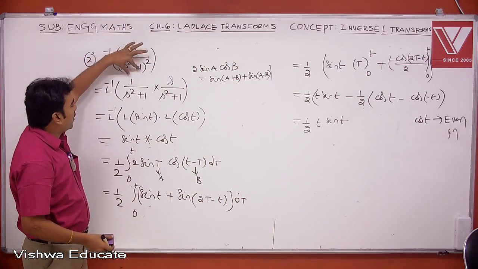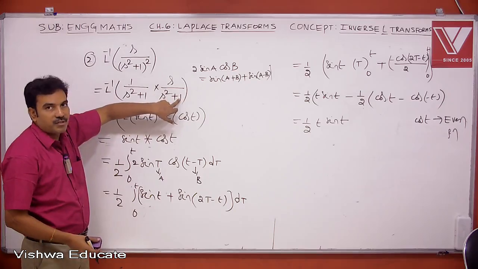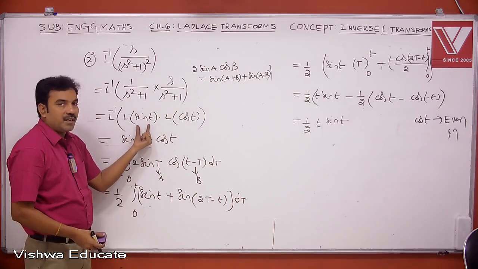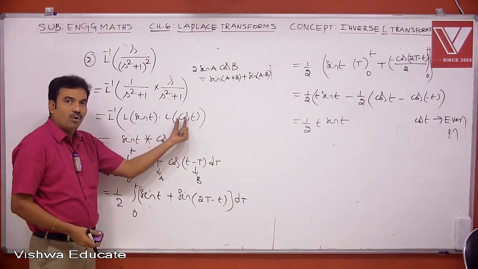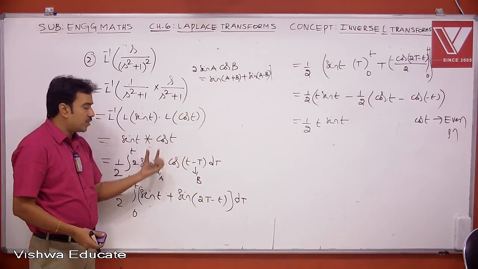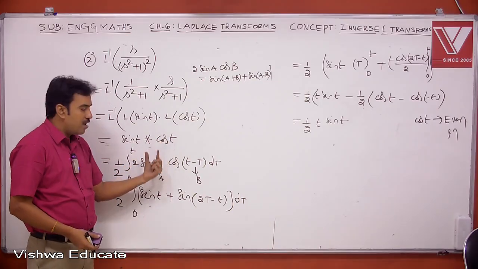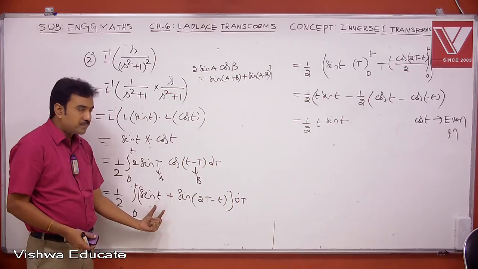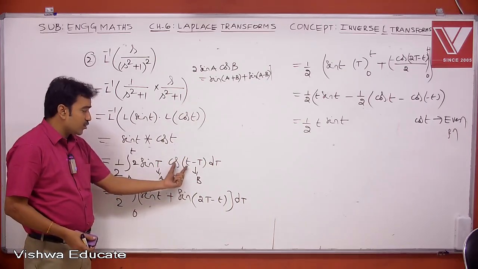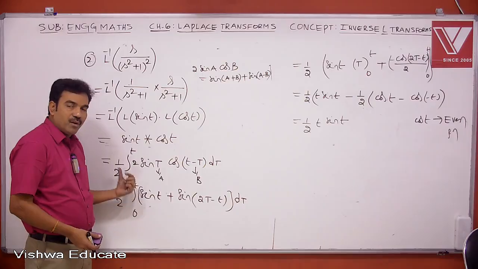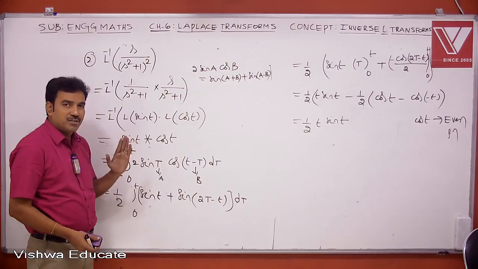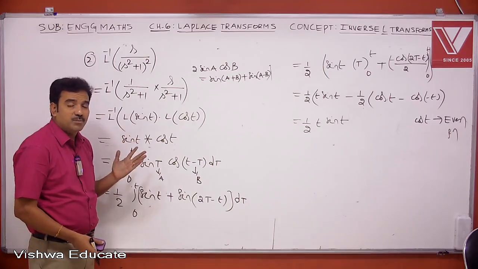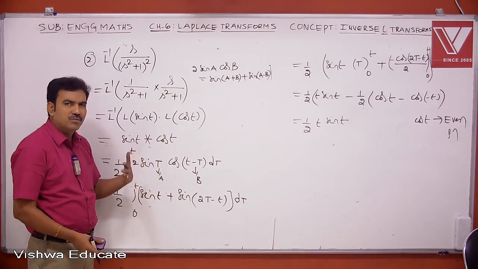This is actually 1 by s square plus 1 into s by s square plus 1. This is Laplace of sin t, and this is Laplace of cos t. You can call it f of t and g of t. So by convolution theorem, this is f of t star g of t. Apply the convolution product definition, and here we got sin A cos B. Multiply with 2, divide with 2. When you are handling problems like this, multiply with 2, divide with 2, and apply the formula using sin of A plus B or sin of A minus B, or cos of A minus B, cos of A plus B, depending on the situation.